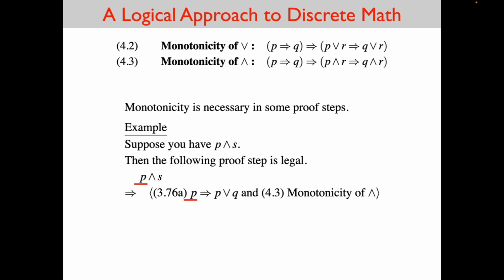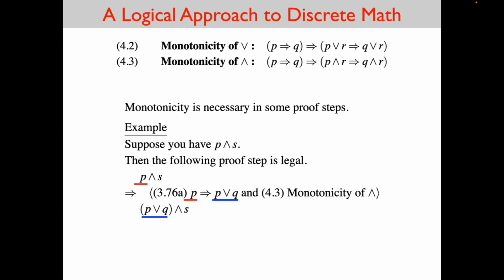And to use 3.76a, we know that P implies P or Q. Now, the following step would be to replace the P with P or Q, but because P does not equal P or Q, because P implies P or Q, the next step is (P or Q) and S. In other words, we have substituted P or Q for the P, but because P does not equal P or Q, we have P or Q and S.